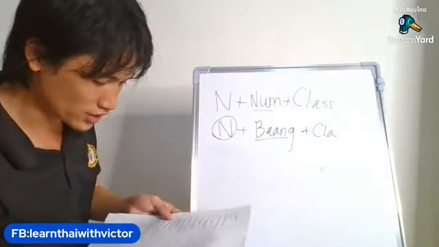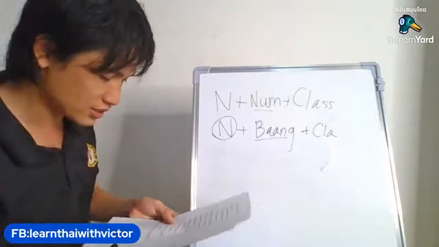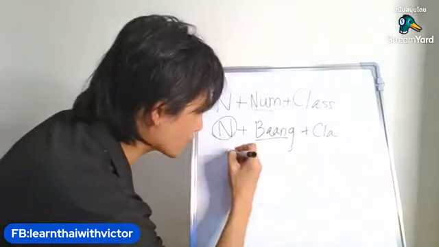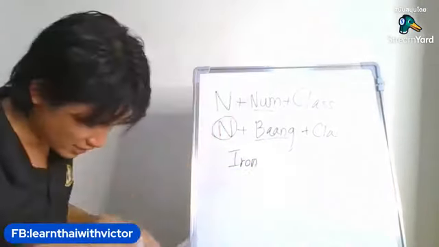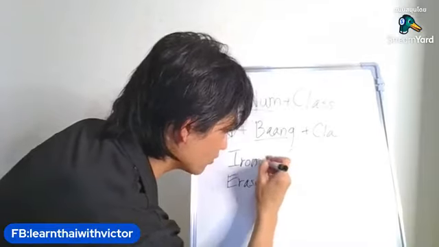Let's review these two words. The first one is irons, and then eraser.